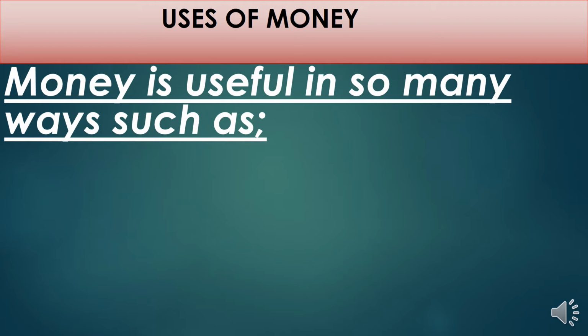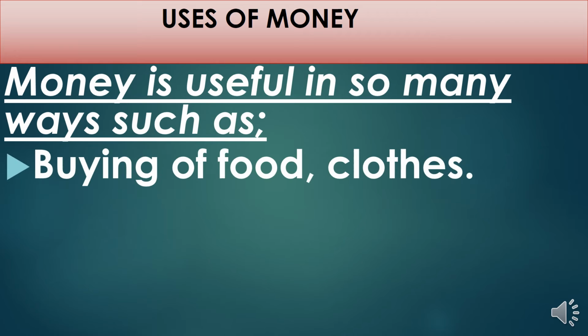Alright, boys and girls, let's look at uses of money. What do we use money for? First of all, we use money to buy food and clothes. The clothes you're putting on were bought with money.